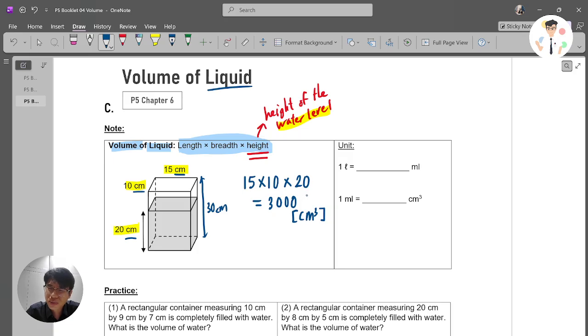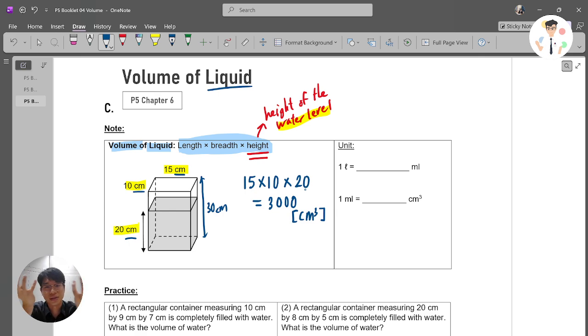But the problem here is, teacher, we don't really use cm cube for our calculation for volume of liquid, right? For example, if I have a water bottle, I ask you what is the volume of the water, we don't really use cm cube in our calculation. Then we use ml. Then how does ml relate to cm cube?